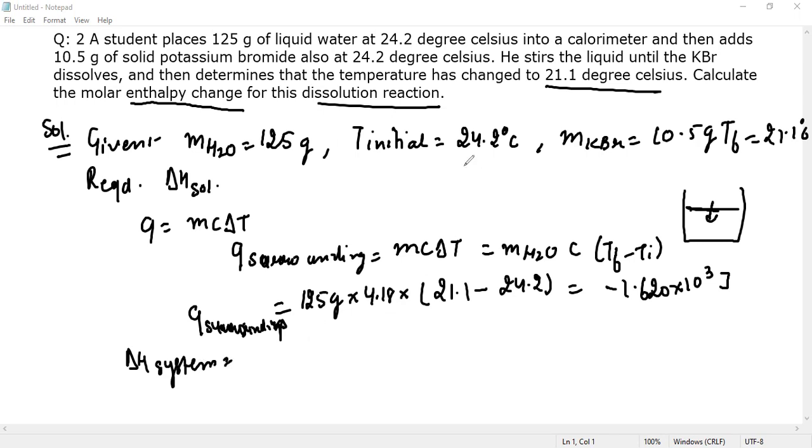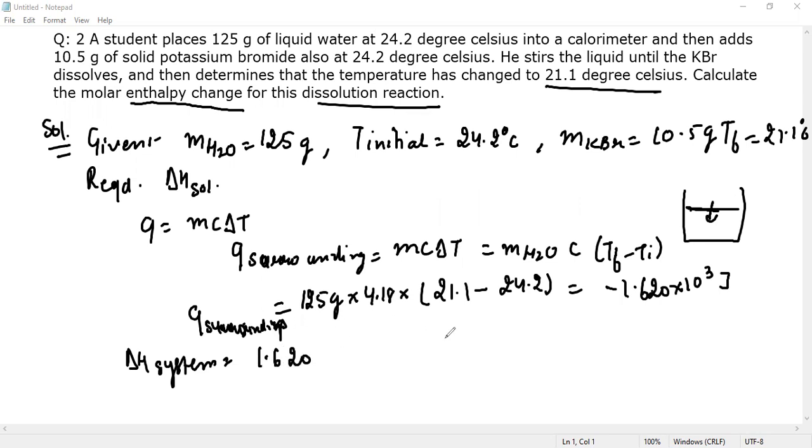what is happening here? The initial temperature was 24.1 and the final temperature was 21.1 degrees Celsius. Since the final temperature is lower than the initial temperature, the surroundings lose thermal energy to the system. The temperature of water dropped, so surroundings lost thermal energy. That means the system is absorbing that. Therefore delta H system would be a positive number, 1.620.